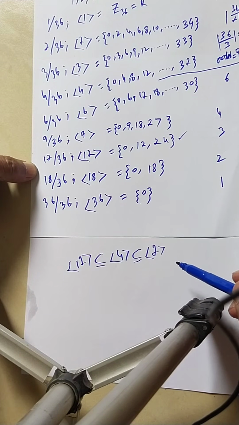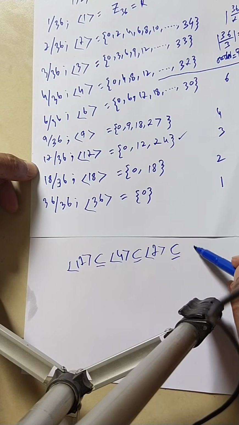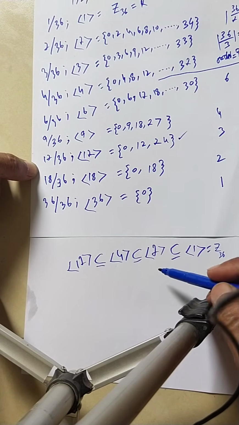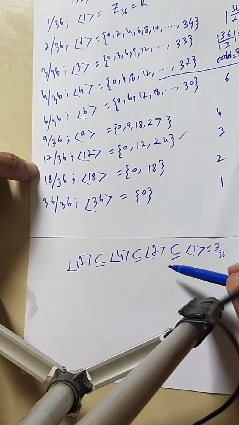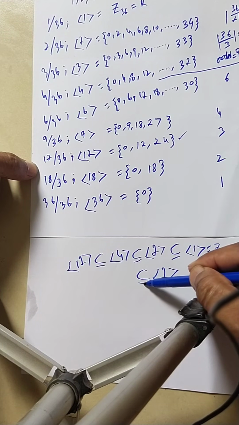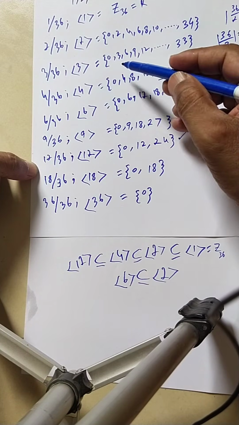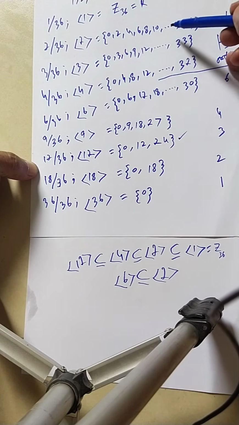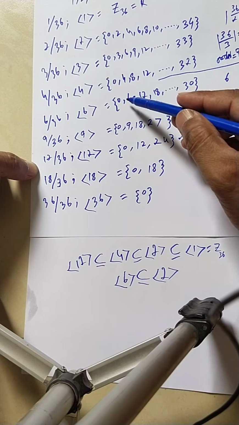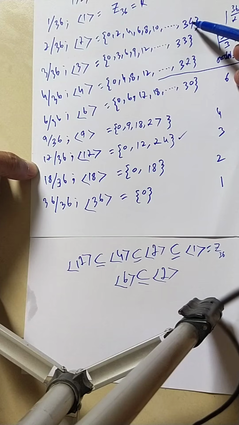And again, obviously ideal 2 is contained in the ideal generated by 1, and 1 is Z36. Another thing, the ideal generated by 2 contains the ideal generated by 6. Every member of 6 is also in ideal 2: 0, 6, 12, 18 up to 30 are also contained in 2.